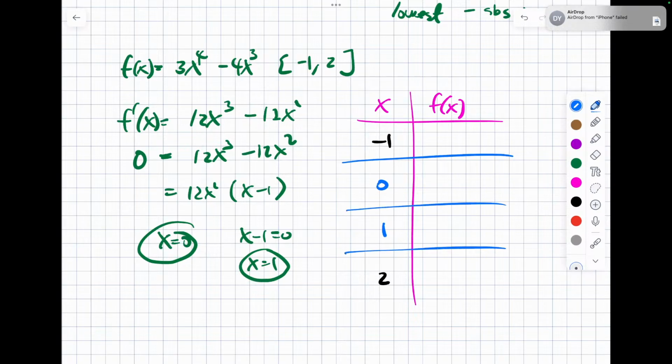This is Cn, critical numbers, and this is EP, endpoints. Now it seems like I do every single number, but that's not true, only the critical numbers. Even if I have just one critical number, I don't need to do 0, but you must include the 2 endpoints. So I'm going to evaluate this. If I plug in -1, what number am I going to get?